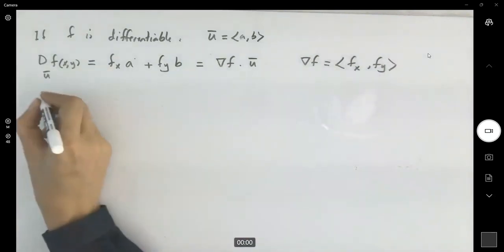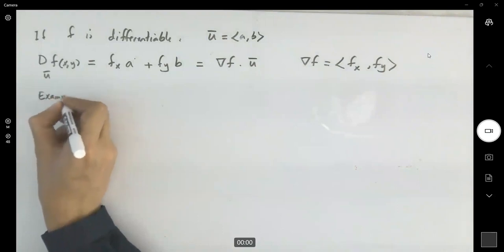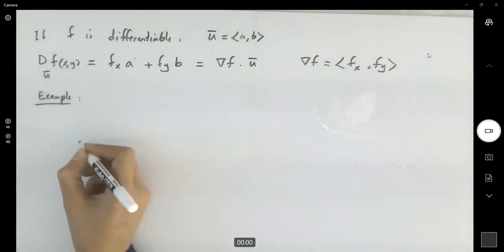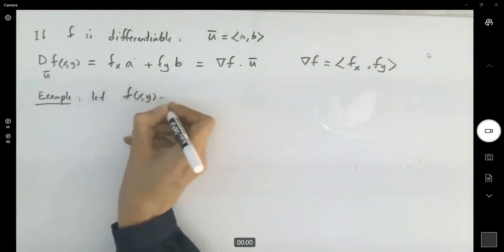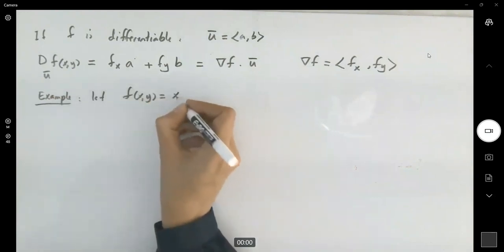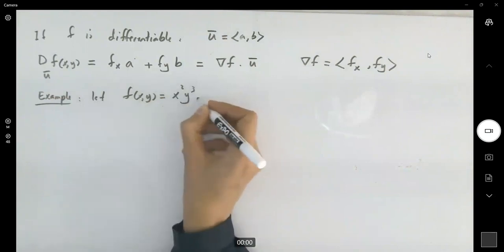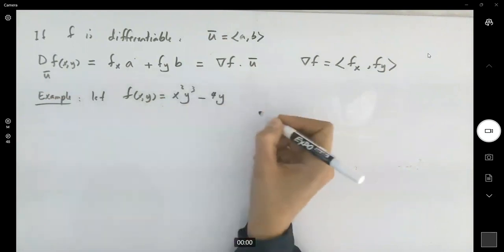Example. Suppose I give you this function. Let f of x and y be equal to x squared y cubed minus 4y.